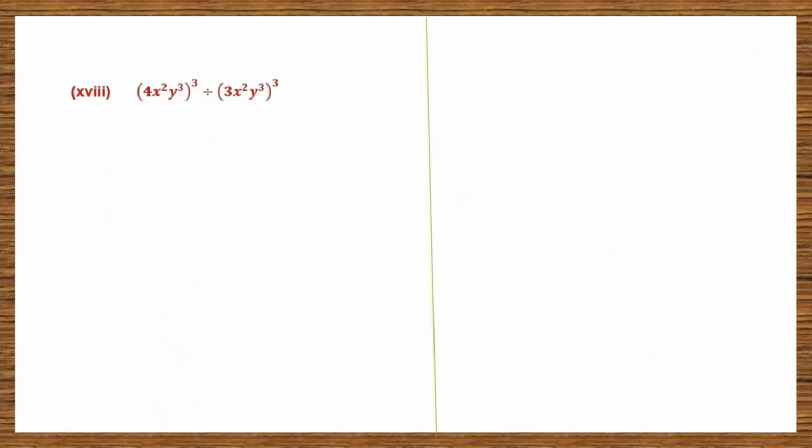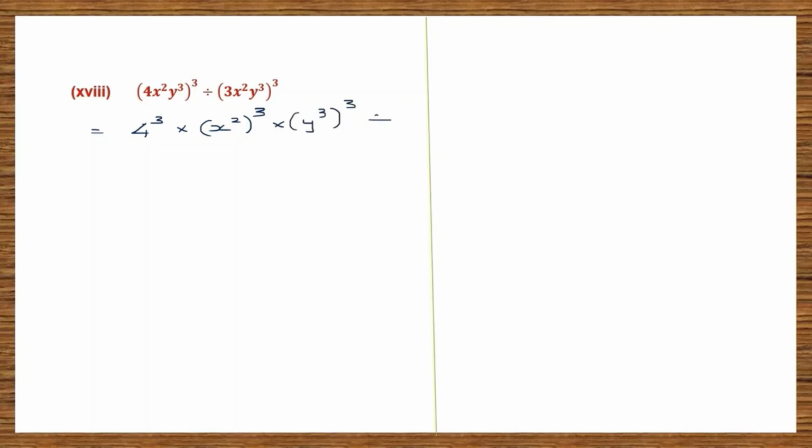Question 18, we have 4x raised to the power of 2, y to the power of 3, the whole thing raised to 3. That means each part is raised to the power of 3. So this is equal to 4 raised to the power of 3 into x square, this whole thing raised to the power of 3, into y, which is raised to the power of 3 already, is again raised to the power of 3.